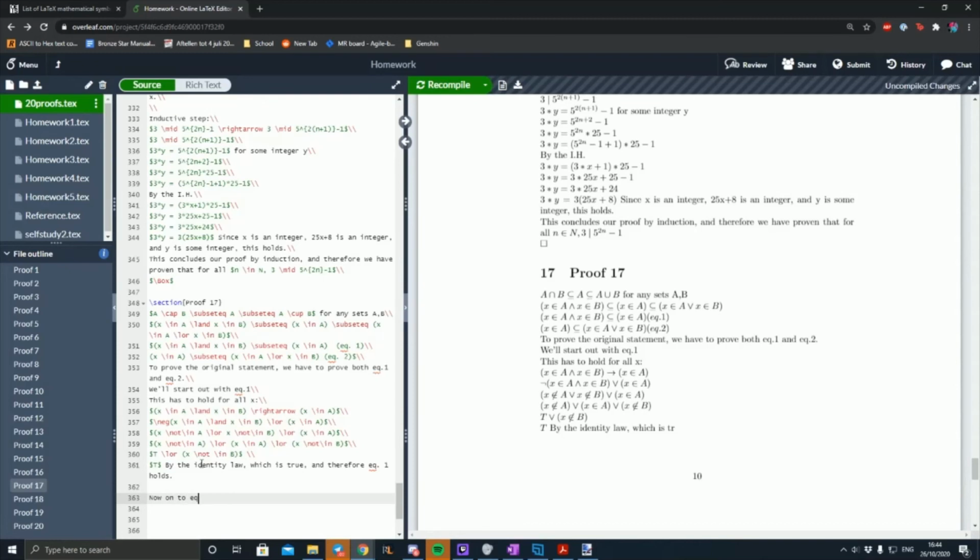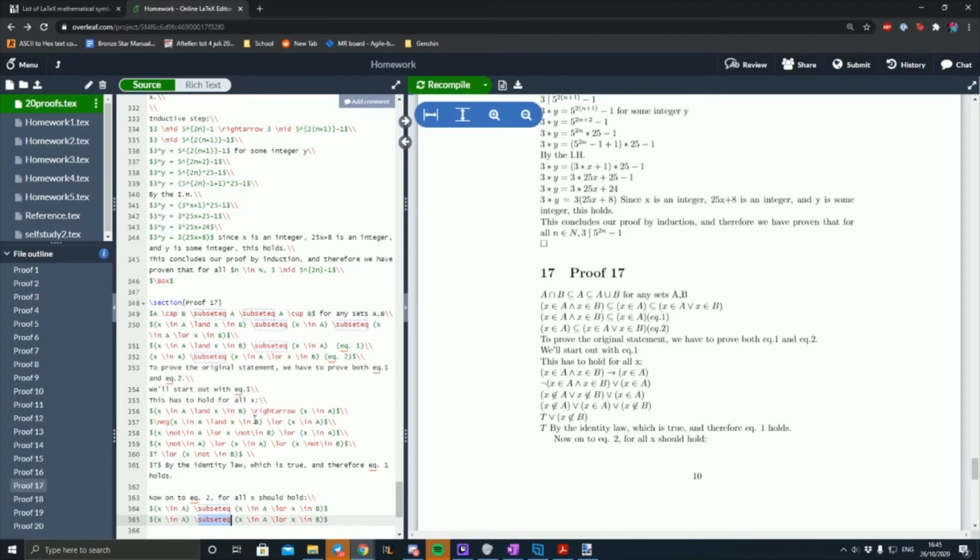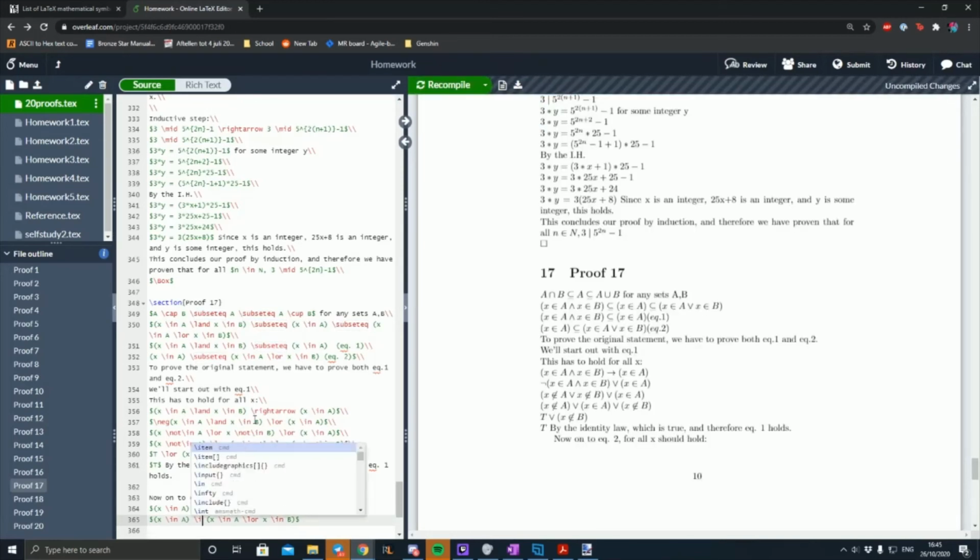Now on to equation 2. For all x should hold. And then we'll take the second one. Okay, therefore we can say this is a subset of is equal to right arrow.